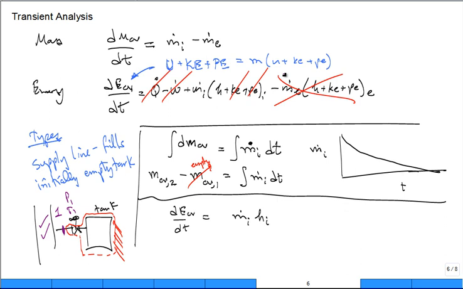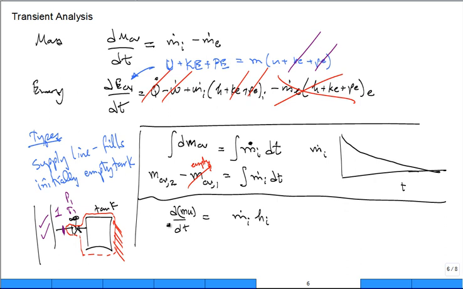There's not a large macroscopic kinetic energy. And it's negligible. We're not interested in changing pressure, like pumping it up to high elevation. So this change in energy in the control volume is realized as the mass in the control volume times the internal energy of the control volume, just mu.